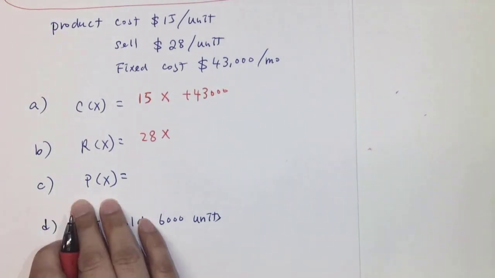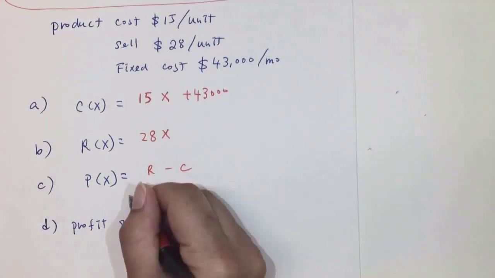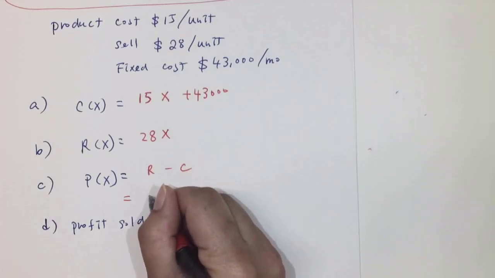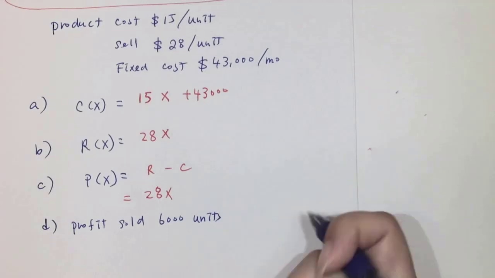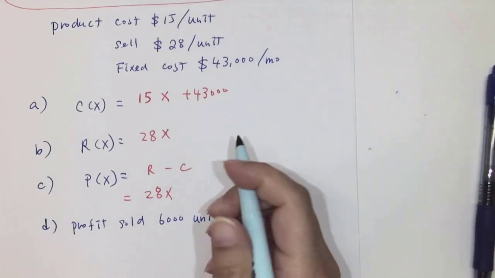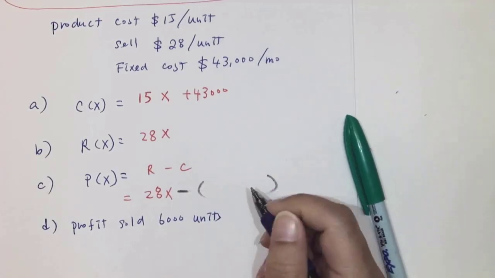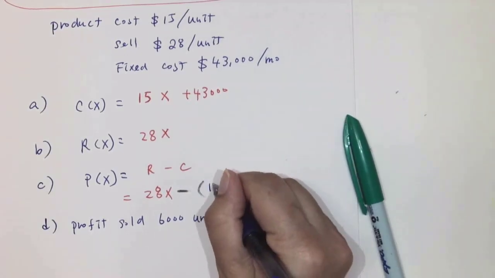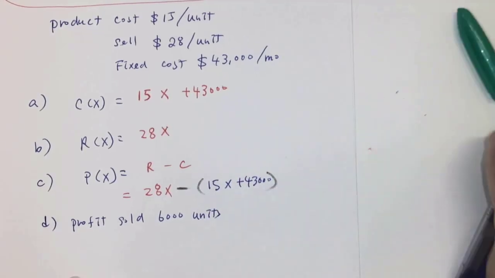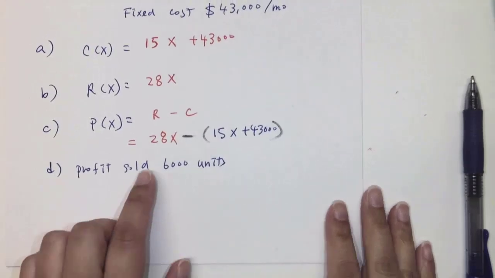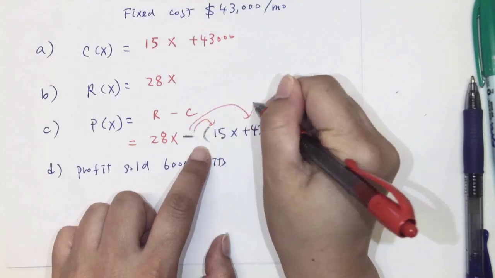Okay, be careful with the profit. I'm supposed to use the revenue, subtract the cost, right? The revenue is what? 28x, but you have to be careful. The second part, you're subtracting the whole cost. So this needs to be in parentheses. So the cost function was 15x plus 43,000, right? Because it's subtracting more than one term, we're going to need to distribute the negative in there.